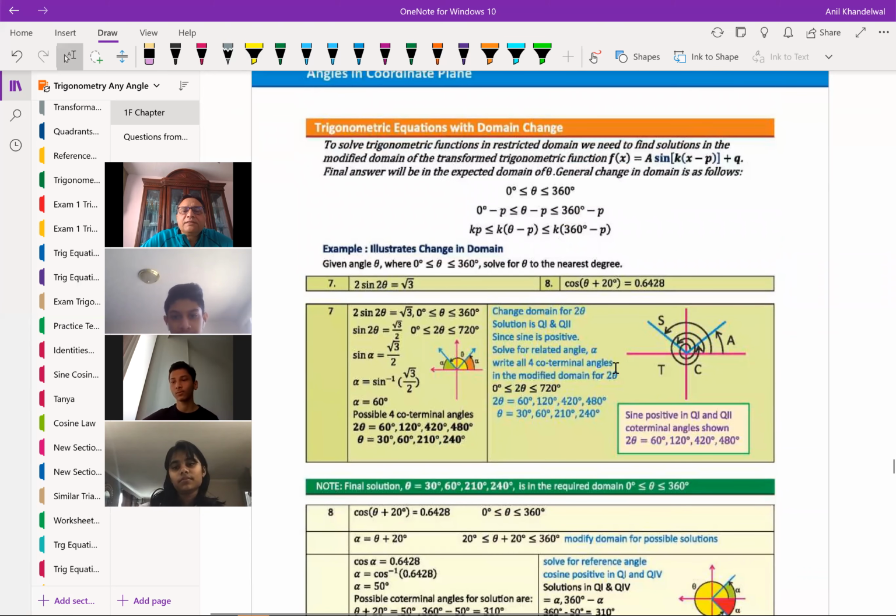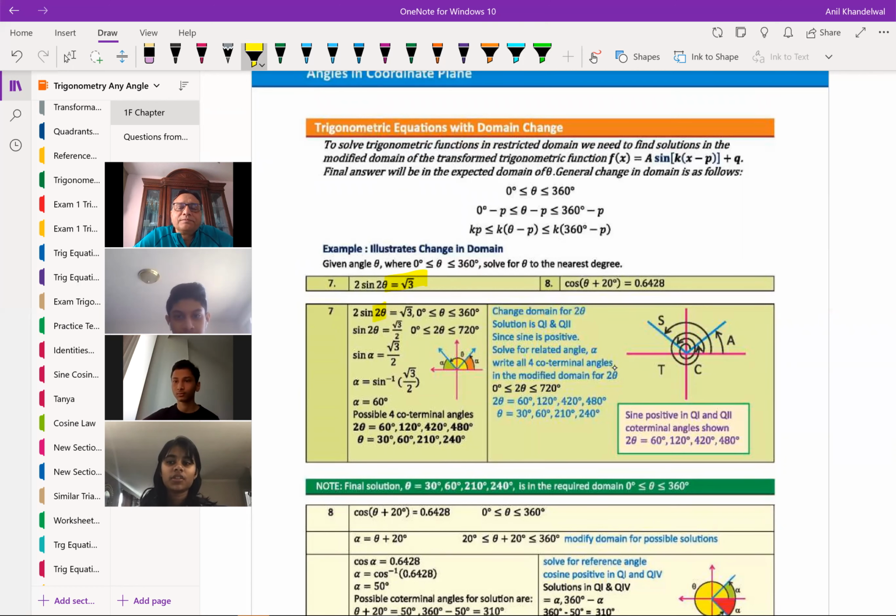Now, here is another very interesting example where I'm changing the domain. One of these examples includes the angle 2 theta. Do you see that? So question number 7. Samita, can you please read question number 7? Change domain for 2 theta.